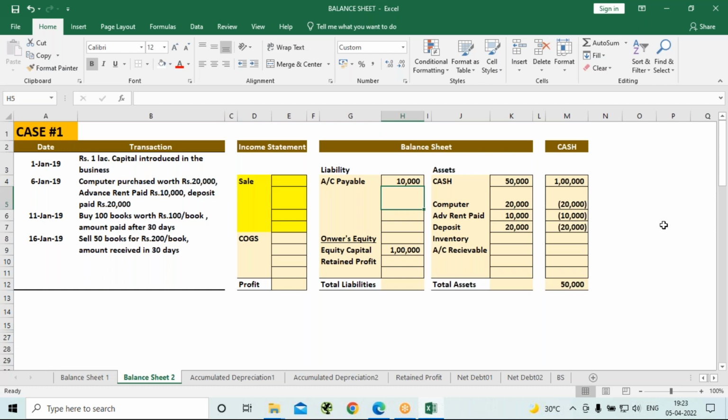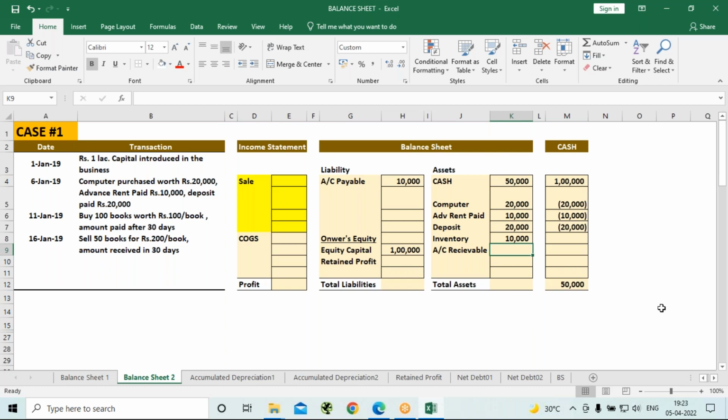Is it only accounts payable that will be affected by this? Because it has to affect two sides. And inventory. Okay, good. So it is an increase in inventory, that is 100 into 100. So the value of 10,000 worth of inventory has come into my business.